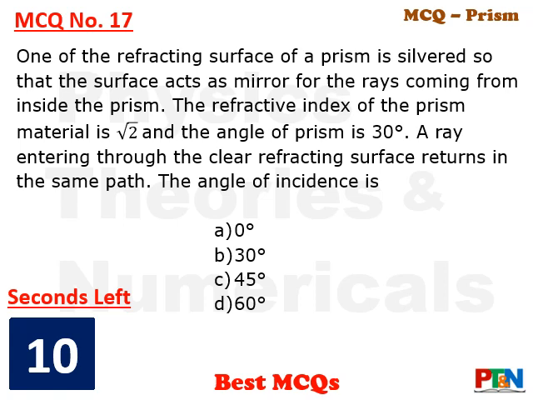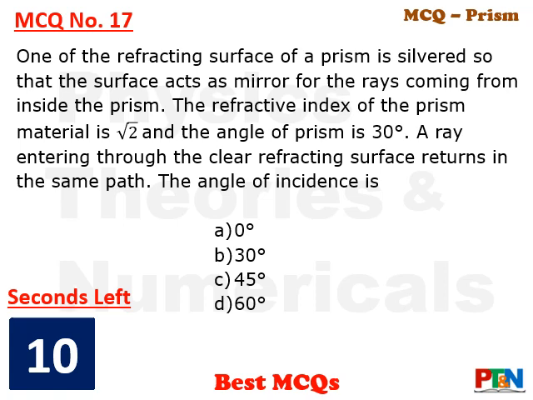Next MCQ. One of the refracting surfaces of a prism is silvered, so it will act like a mirror for the rays coming from inside the prism. The refractive index of the prism material is √2 and the angle of prism is 30 degree.